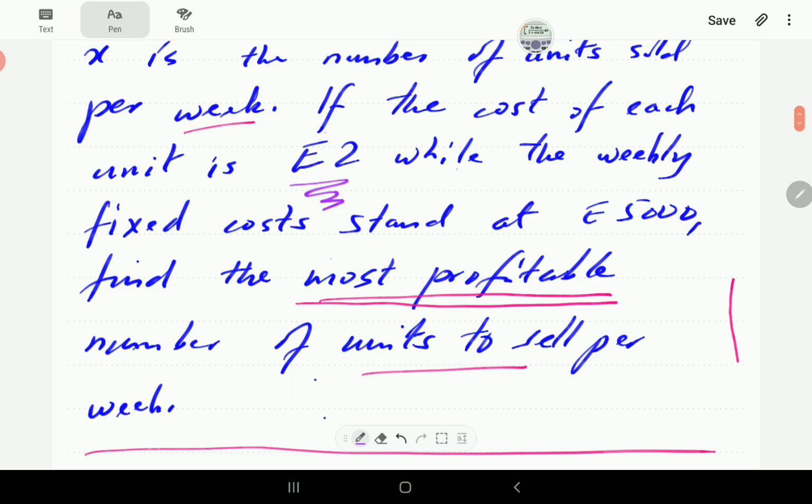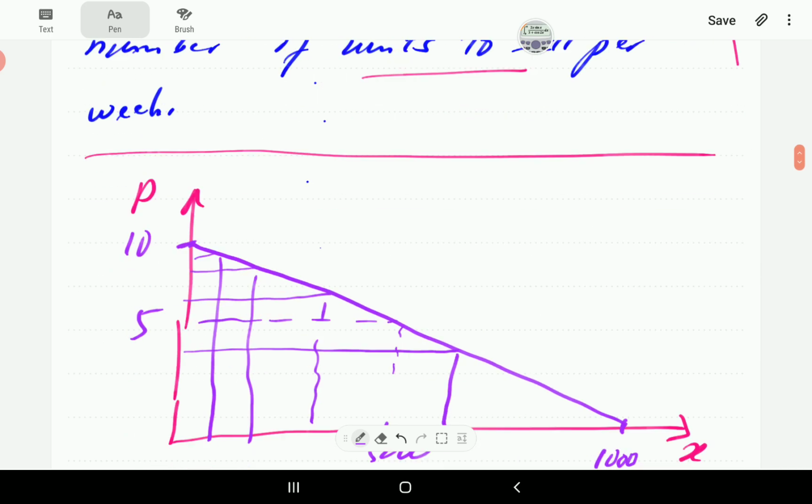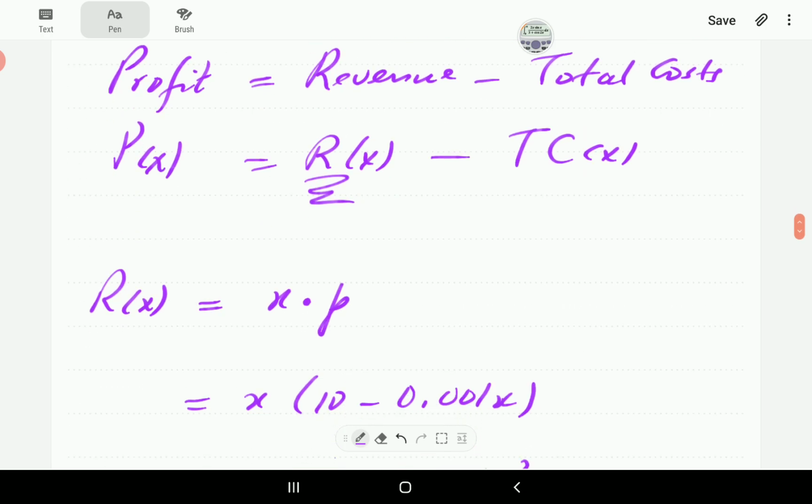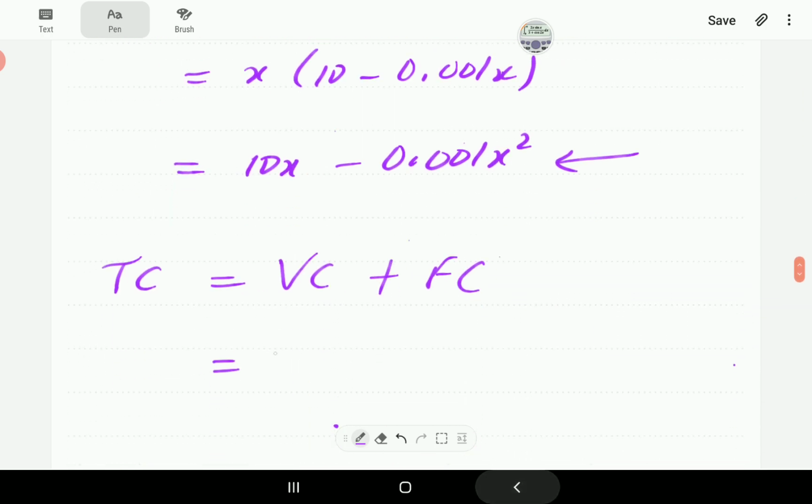Each unit is 2 emalangeni. So if we buy 10, it's going to be 20. If we buy X, then it's going to be 2x. So the variable costs are going to be 2x. Then the fixed cost we were told is 5,000. So that's the total cost.